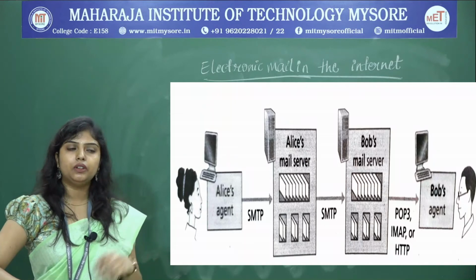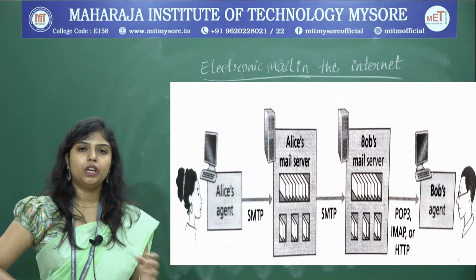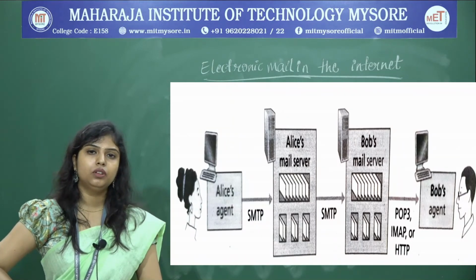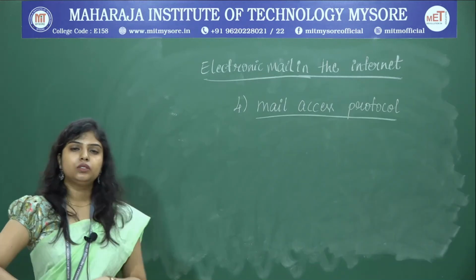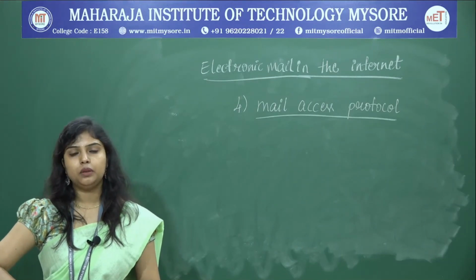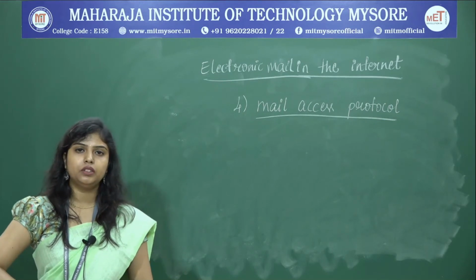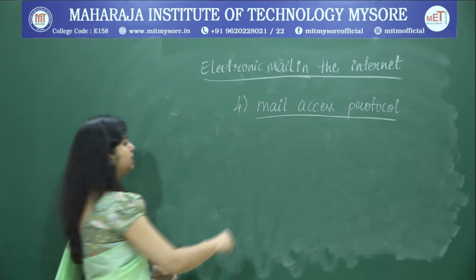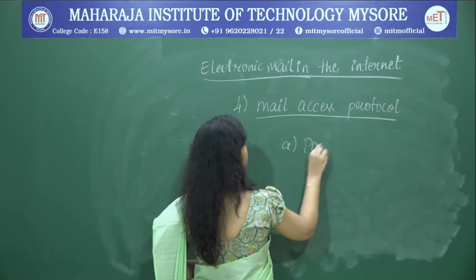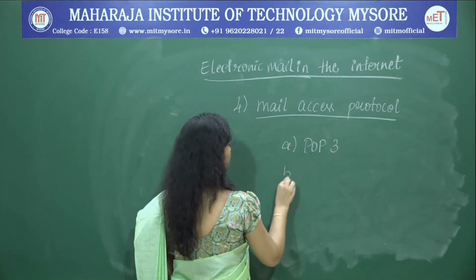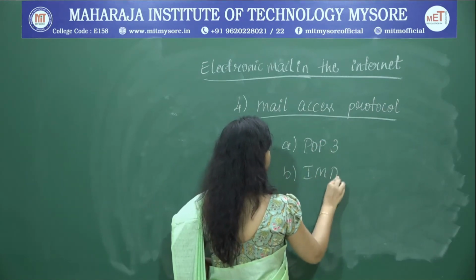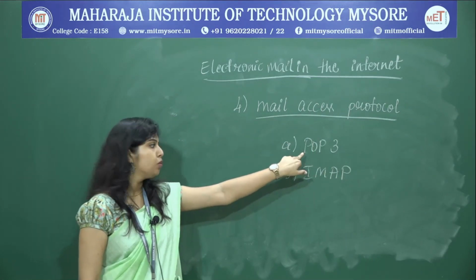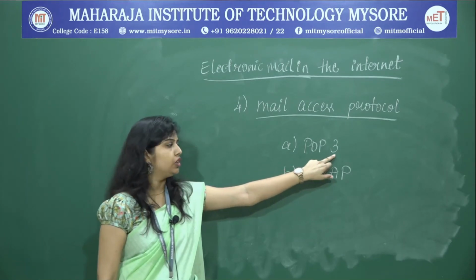And then here we do not need to use the SMTP protocol, we can use other protocols to send the email from Bob's mail server to Bob's user agent. As I said, we do not need SMTP for that. The alternatives we can use are, the first one, POP3, and the other one, IMAP. POP3 is Post Office Protocol version 3.